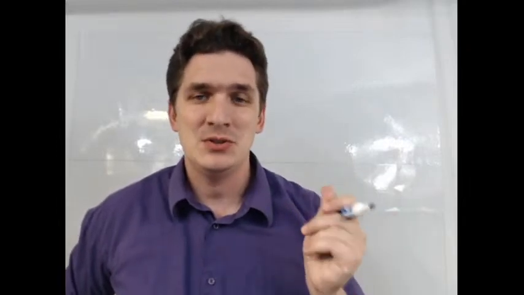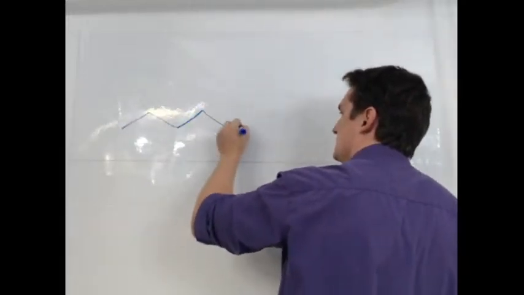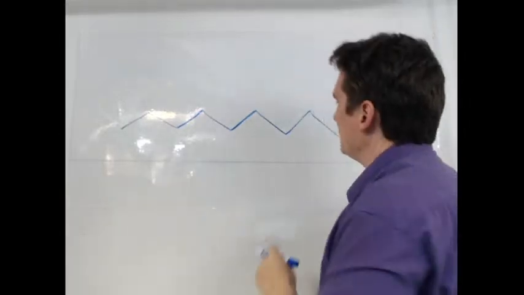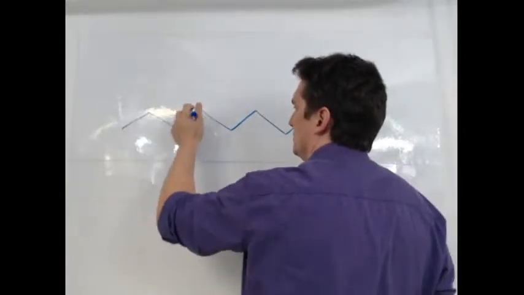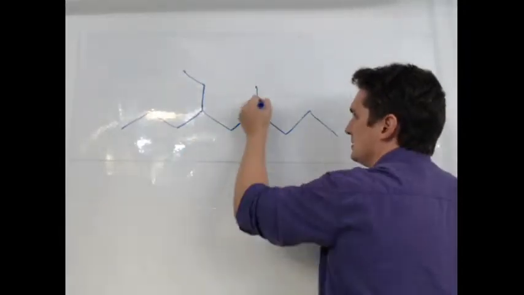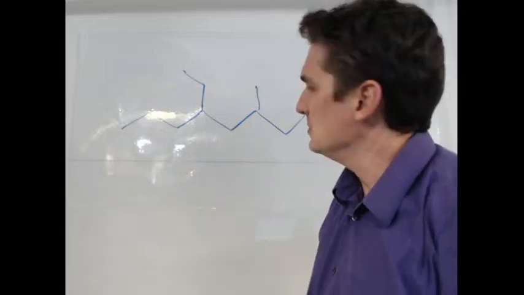Ooh, okay, so nonane. So this is 4-ethyl, 6-methyl, 5-(2-methylcyclopentyl)nonane. So nonane here is 9 carbons. 1, 2, 3, 4, 5, 6, 7, 8, 9. We've got a 4-ethyl. 1, 2, 3, 4-ethyl. 6-methyl. And at the 5th position, we have 2-methylcyclopentyl.